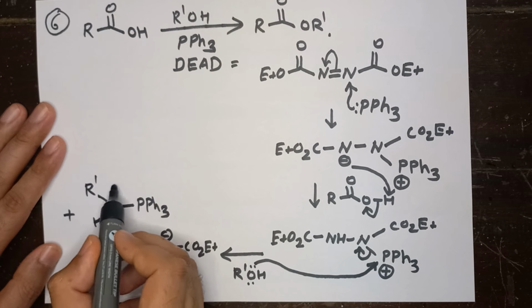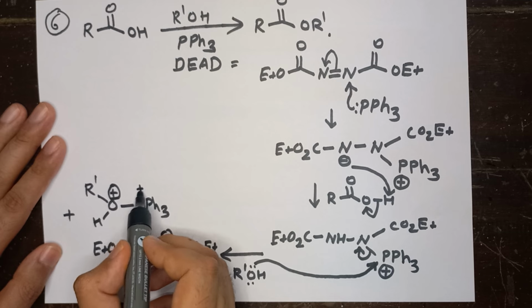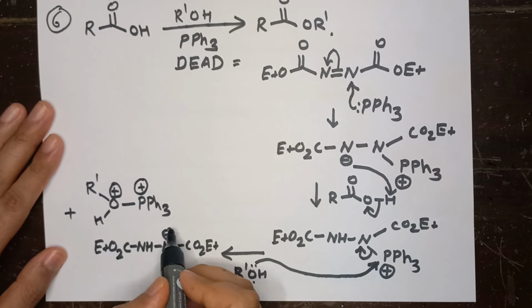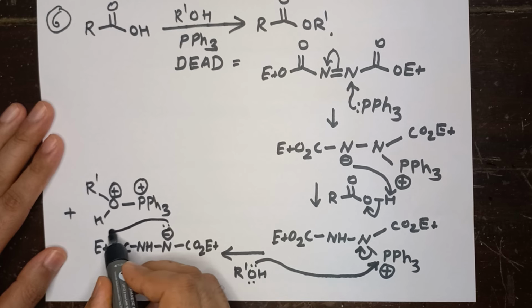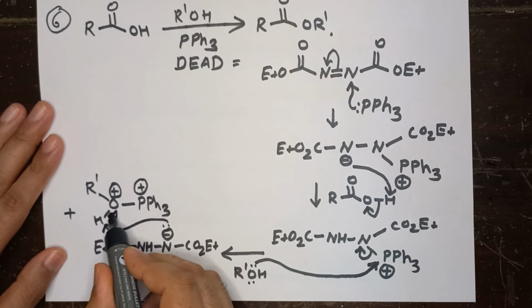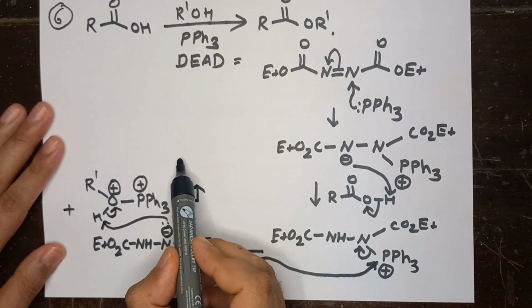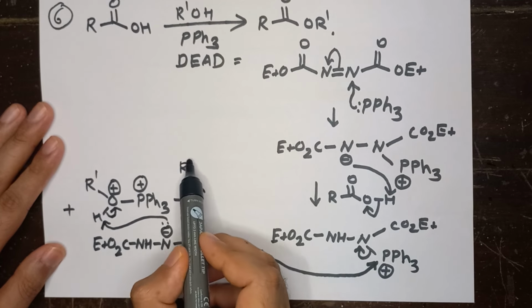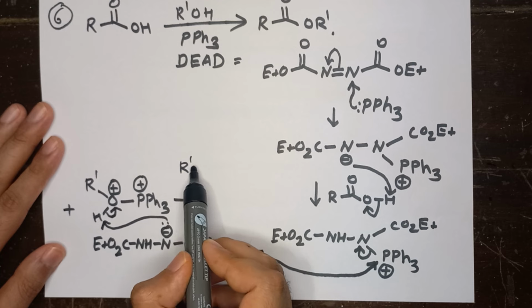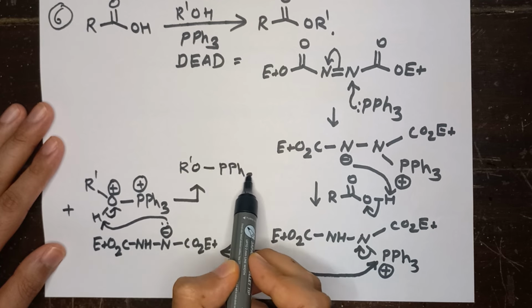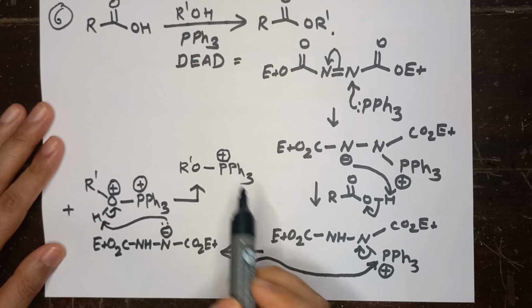So this oxygen will get positive charge. This phosphorus will also get a positive charge. Now this nitrogen lone pair will neutralize this oxygen by grabbing this proton. So now we have R dash oxygen bonded with PPH3 having positive charge.